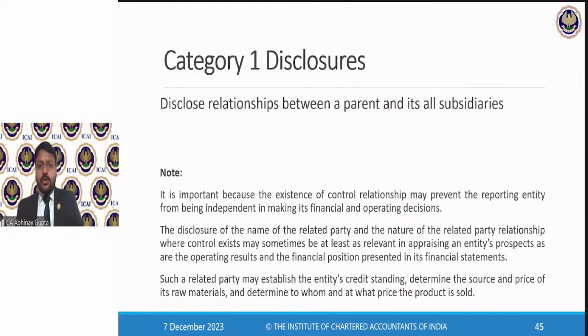Now, disclose relationships between the parent and all its subsidiaries, right? So suppose in our previous example, H has S1, S1 has S2, S2 has S3, and S3 has S4, right? And we were preparing the financial statements of S4.